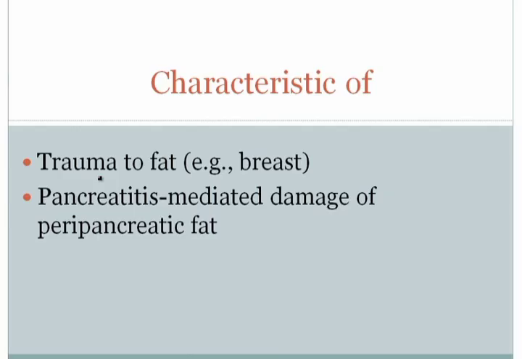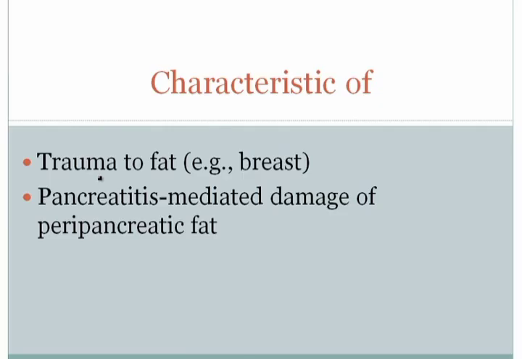However, it can also be seen in benign circumstances like fat necrosis. A woman does not necessarily have to give a history of trauma for fat necrosis. It could have happened in a circumstance where maybe the woman would not even have been aware of trauma. For example, she's a softball player or plays a sport and happens to get hit with the ball on the chest, and that could result in fat necrosis of the breast.